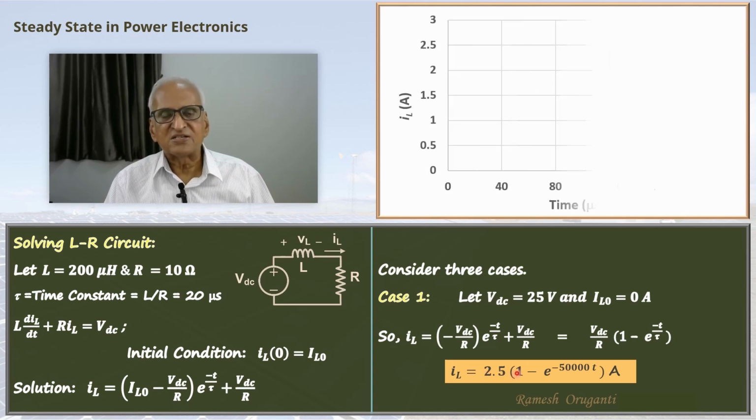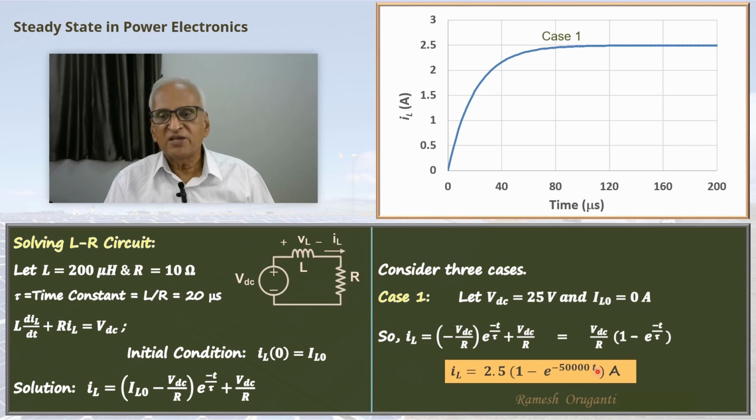Let's plot this result. This is the x-axis, of course, the time axis in microseconds, and the y-axis is the current IL. And the plot is a 1 minus exponential decay curve. You can see that after an initial variation, it reaches a constant value, which is of course the steady state, and that is equal to 2.5 amperes.